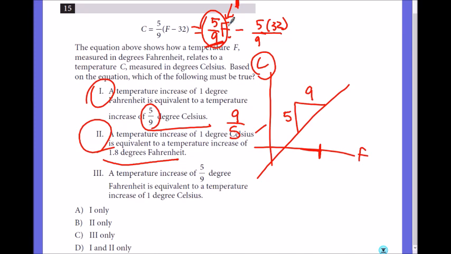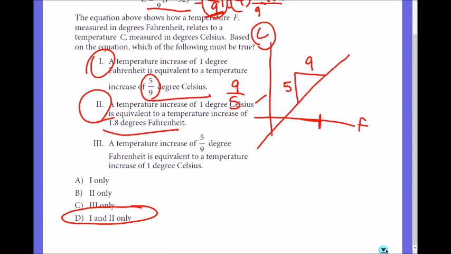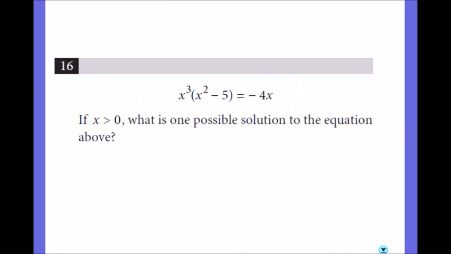So here, when F increased by 5 over 9, the Celsius increased by 1. That's not true, right? So it has to be 1 and 2, D. Right? You can think of it in terms of slope. 16. x is greater than 0.